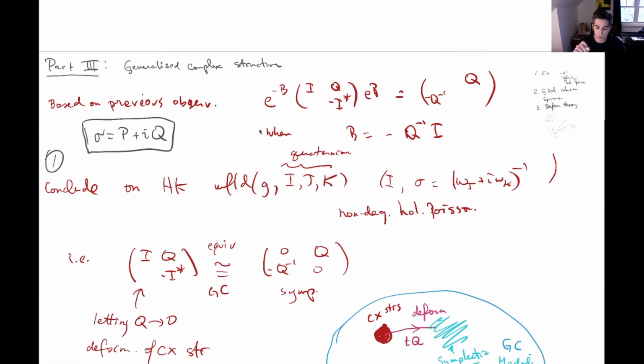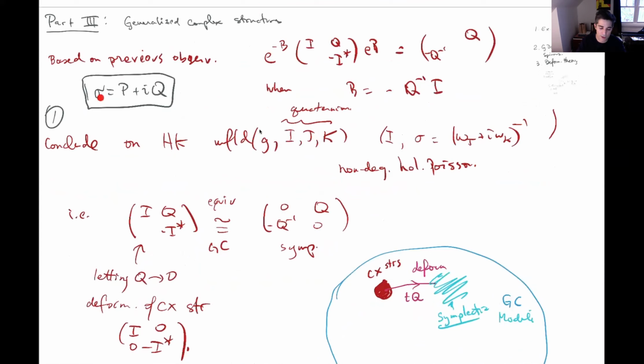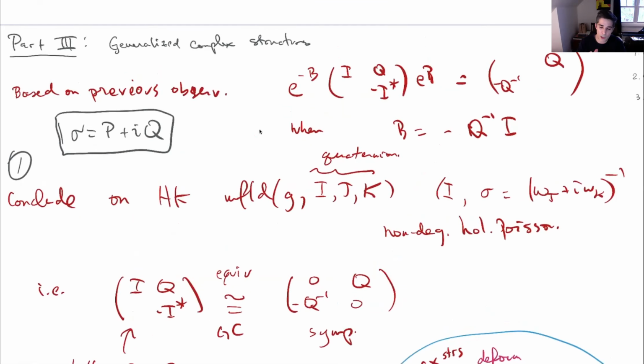Remember that this operator is always real. It's a real transformation of T plus T star, and so only the real stuff has to occur here. But sigma is holomorphic. It's killed by the D bar operator. What is P? Well, P is the real part. But this thing is holomorphic.